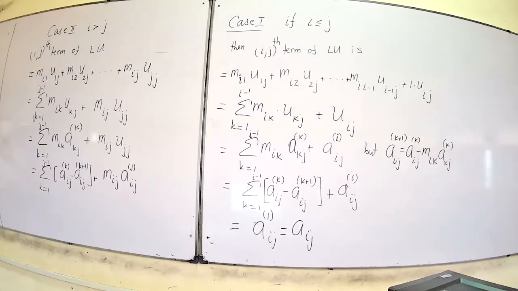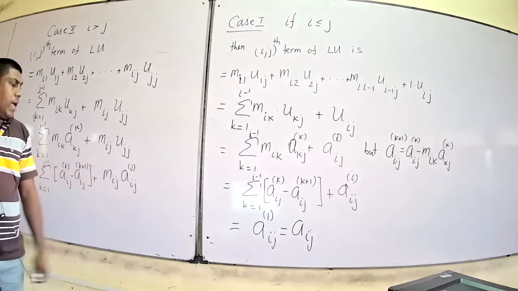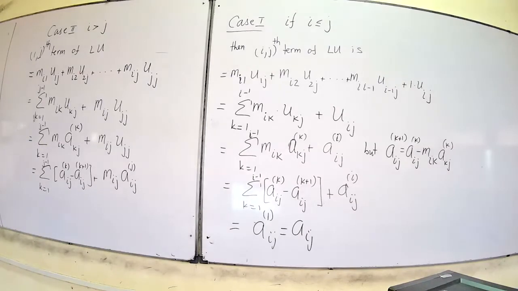Okay, now comes the trick. When you do this, you get aij1 minus aij2, aij2 minus aij3, all the way up to aij(j-1) minus aij(j). But here you have mij into aij(j).